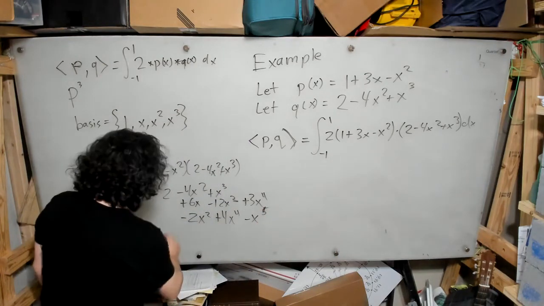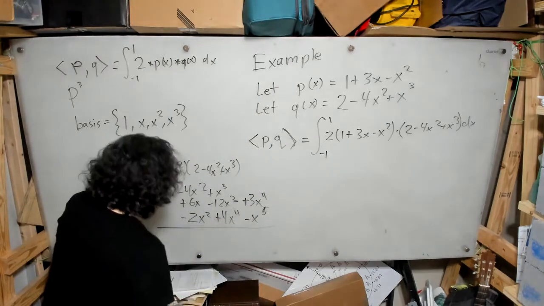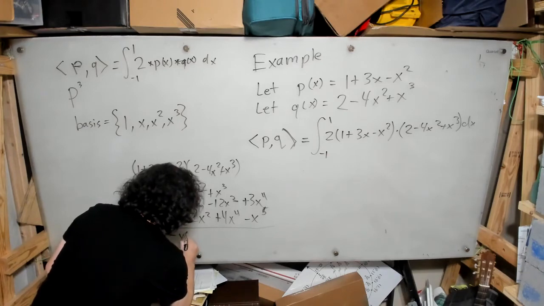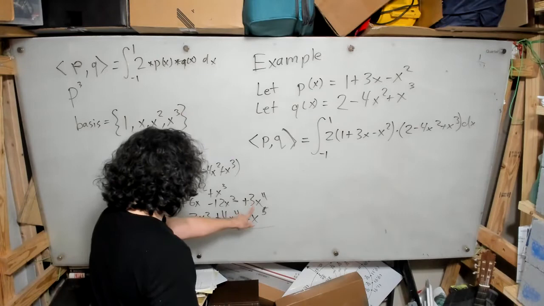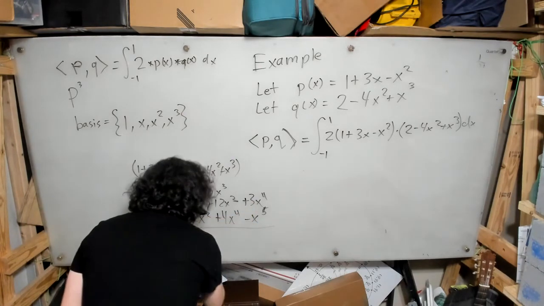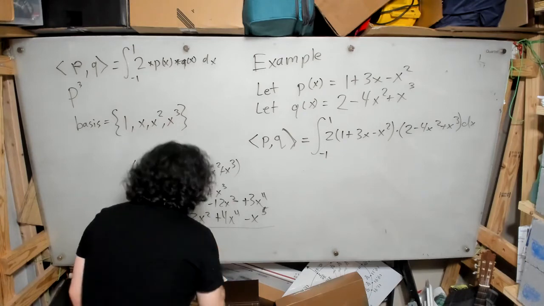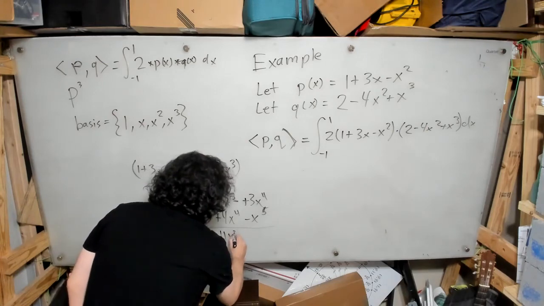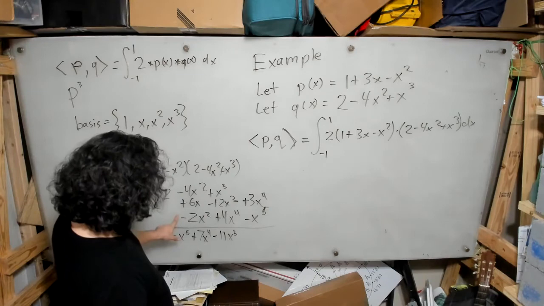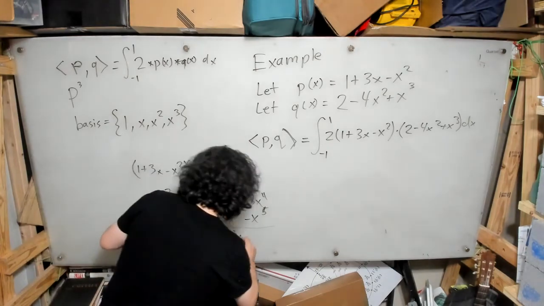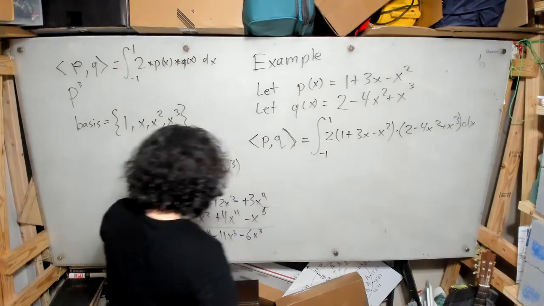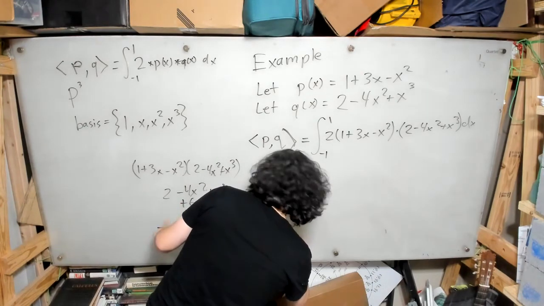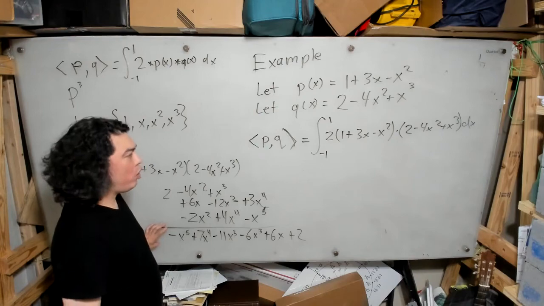And then of course this will simplify to something. The biggest one is x to the 5th, so minus x to the 5th power, x to the 4th, so I have 7, x cubed minus 11x cubed, x squared, minus 2 minus 4 minus 6x squared, plus 6x, and then plus 2. So here I multiplied out those two polynomials.